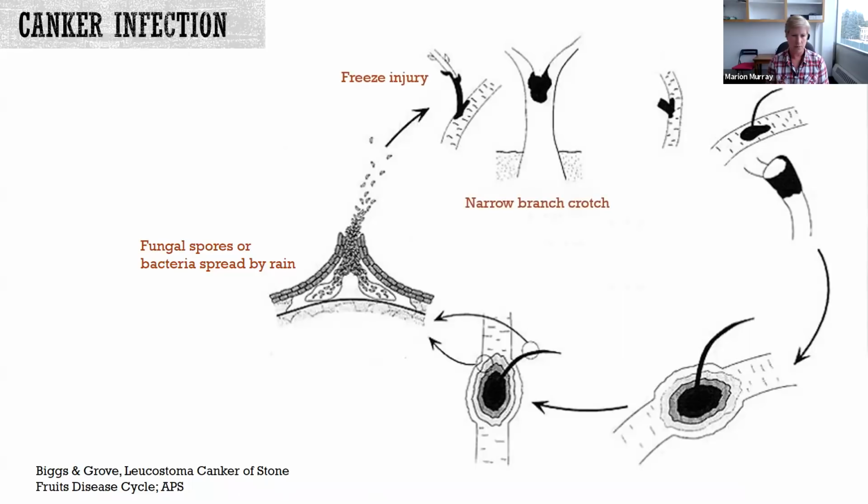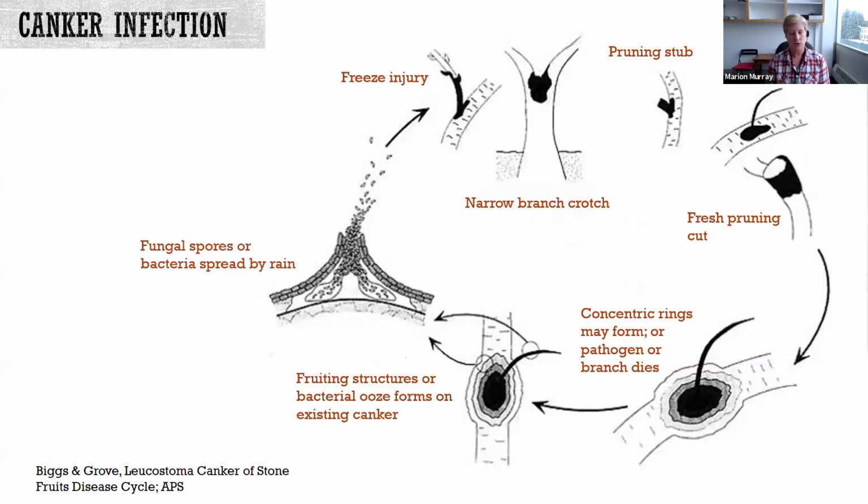And that may be caused by freeze injury, a narrow branch crotch, a pruning stub, a dead twig, a fresh pruning cut. So as you can see, most of the time these pathogens need some kind of wound to enter the tree. And then of course, dieback will occur, and then fruiting structures will form and the cycle will repeat itself.